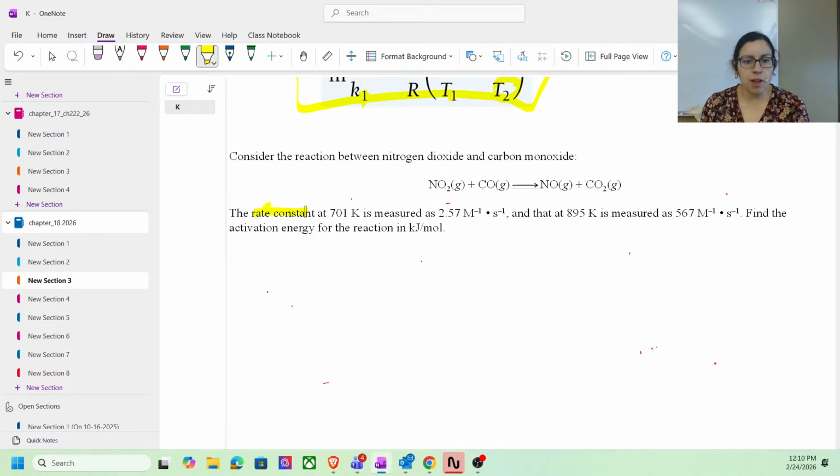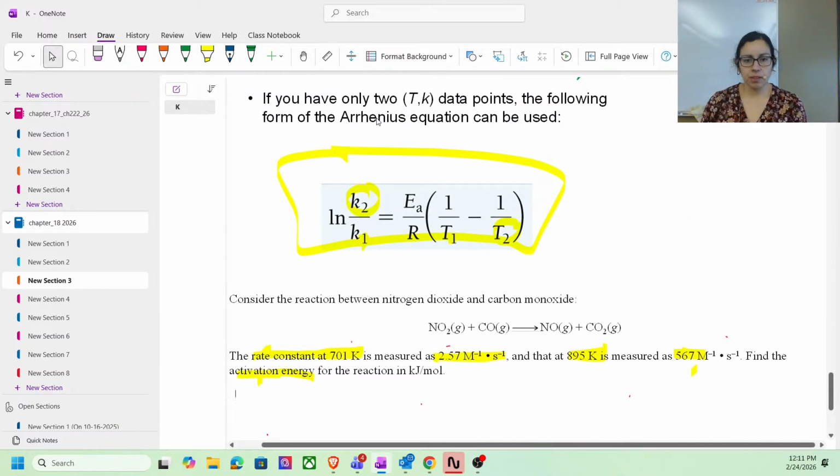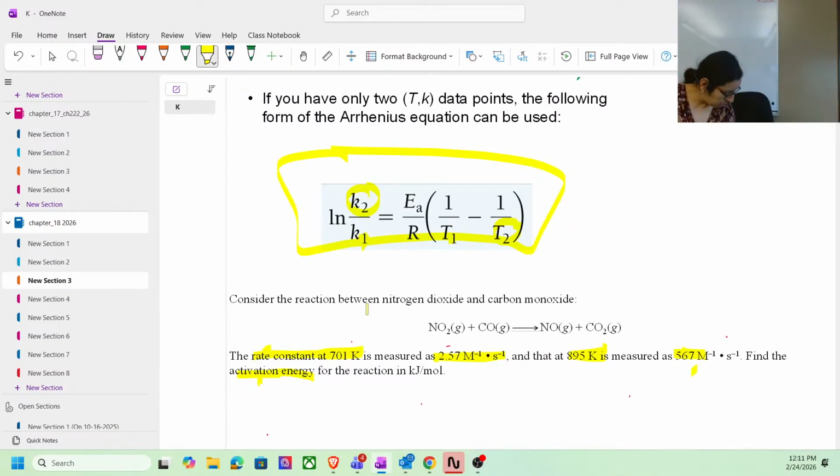We're given a rate constant at 701 Kelvin measured at 2.57 per molar per second, and then at 895 Kelvin, it's measured at 567 per molar per second. So find the activation energy. See if you can plug that into your formula.